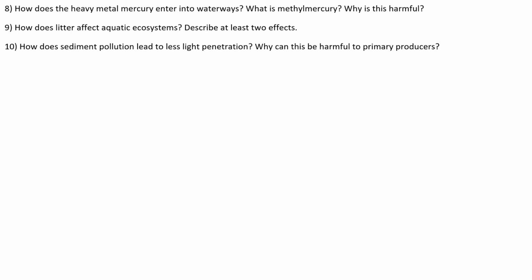Definitely ran out of room there, so I'm going to write down number 7 at the very bottom. So 7 said, how is an oxygen sag curve created? Describe using the diagram.